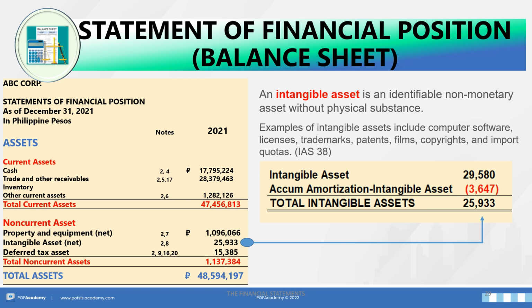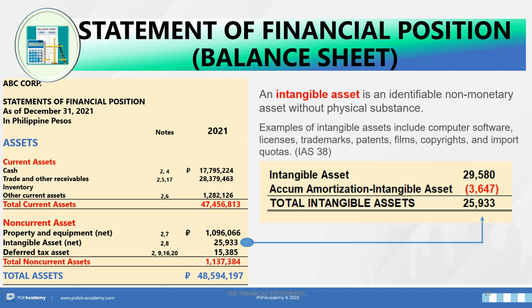Next non-current asset is intangible asset. As defined, an intangible asset is an identifiable non-monetary asset without physical substance. Examples of intangible assets include computer software, licenses, trademarks, patents, films, copyrights, and import quotas.